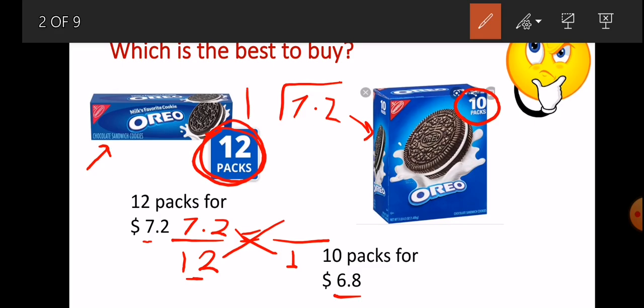7.2 divided by 12. Is 7 enough? No, so 0, and the decimal goes in the same place. I have now 72 divided by 12, which will give me 6. Then 6 multiplied by 12 gives me 72. So I'm done. The answer here is 0.6.